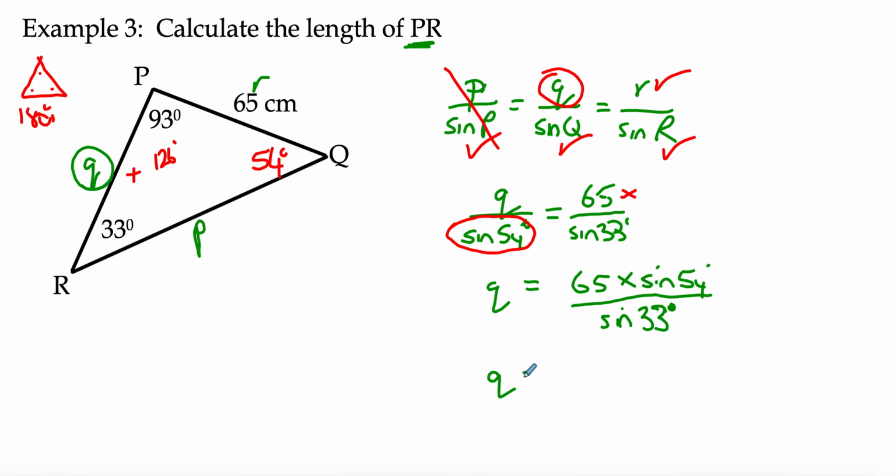Take your calculator, work it out. 65 times the sine of 54 divided by the sine of 33, we get 96.55. Just going to double check that. 65 times the sine of 54 divided by the sine of 33, 96.55.